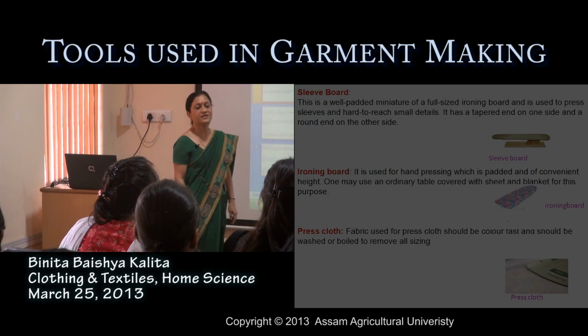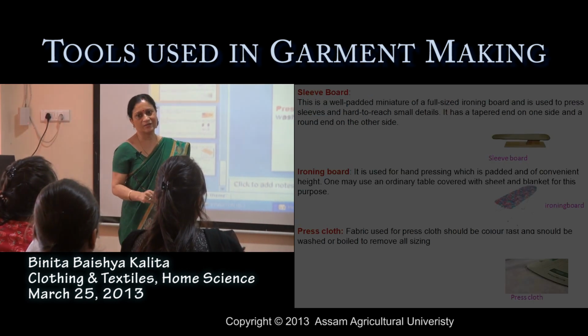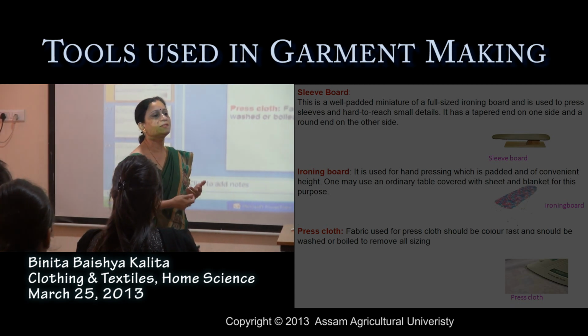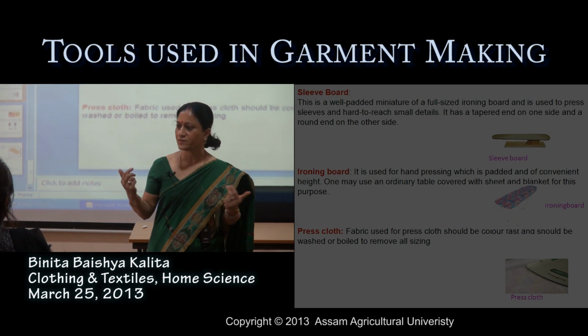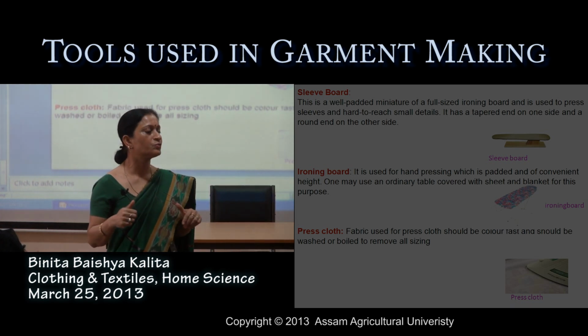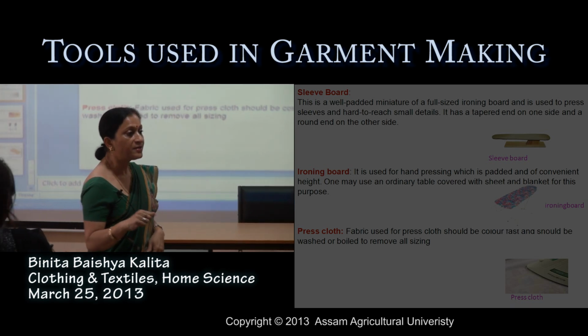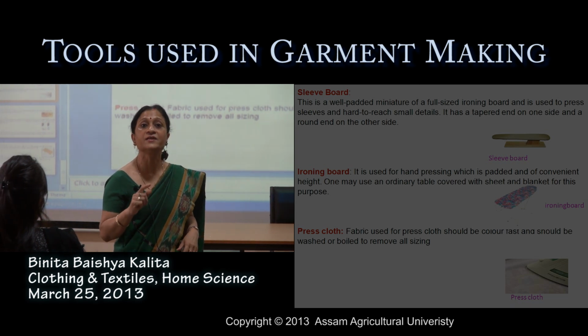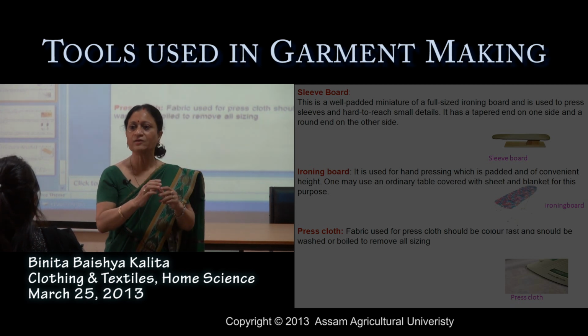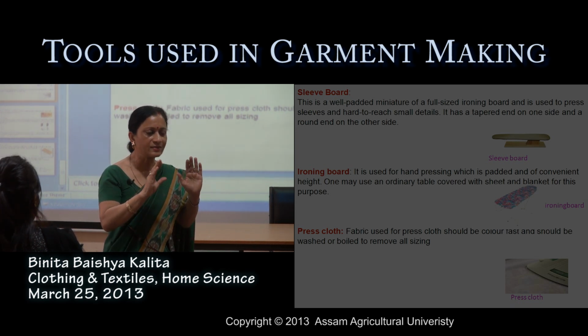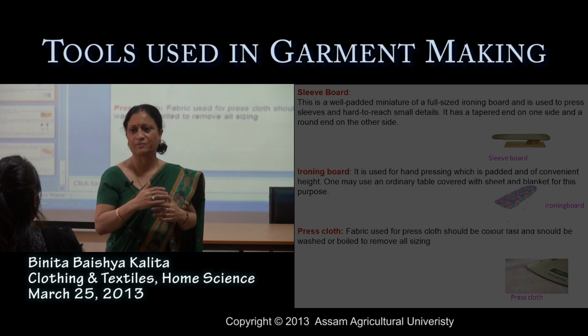Next is the sleeve board. To iron any garment or fabric, we need a board. A sleeve board is a special board used to press or iron the sleeve of the garment, because a sleeve is a part of the garment which has a typical shape.